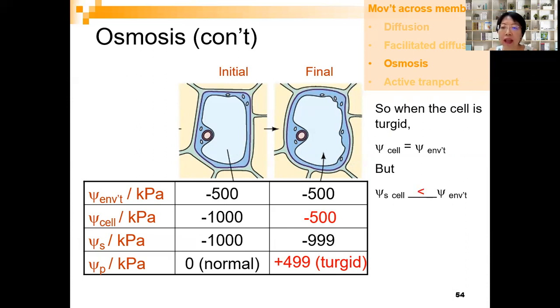But psi s of the cell, after we have calculated, is actually less than psi of environment, right? Psi s of the cell we have calculated is negative 999 kilopascal. Psi of environment is negative 500. So psi s of the cell is less than psi of environment. Just read from this table and give the answer.